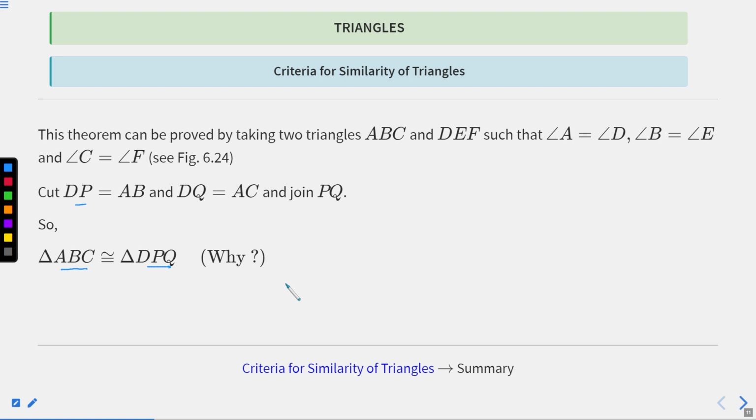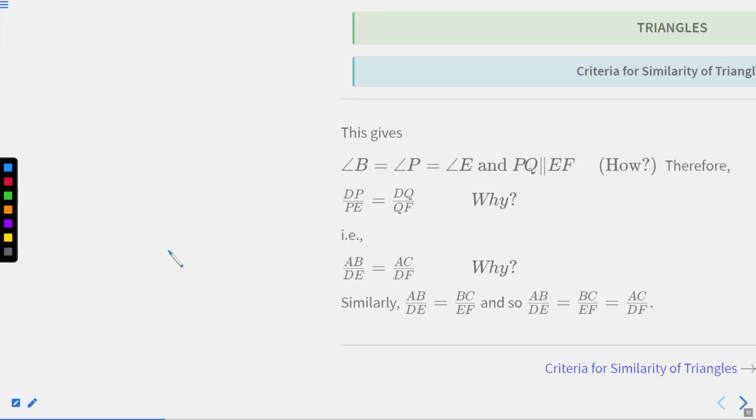Why? Because their corresponding angles are equal.